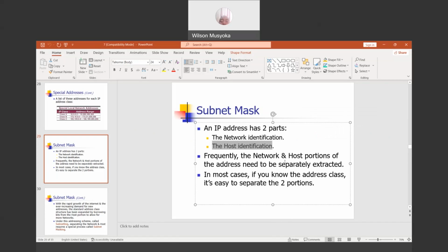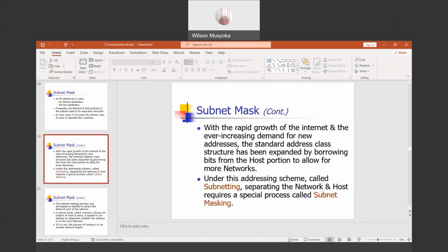Then the last octet is for identifying the particular host on the network. So the network and host portions of the address are normally extracted separately.